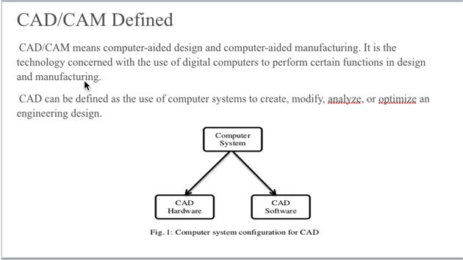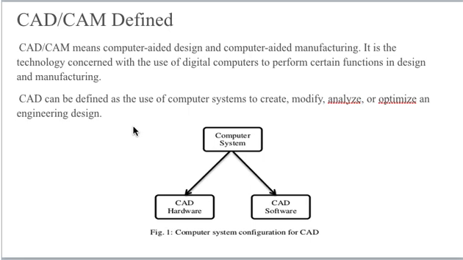It is the technology concerned with the use of digital computers to perform certain functions in design and manufacturing or production. This technology is moving in the direction of greater integration of design and manufacturing, two activities which have traditionally been treated as distinct and separate functions in the production firm.